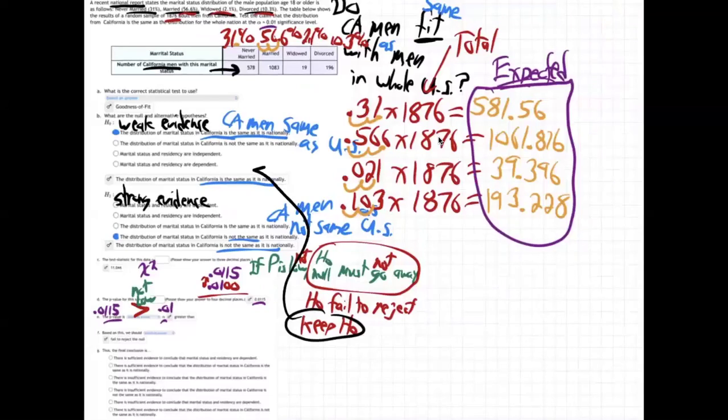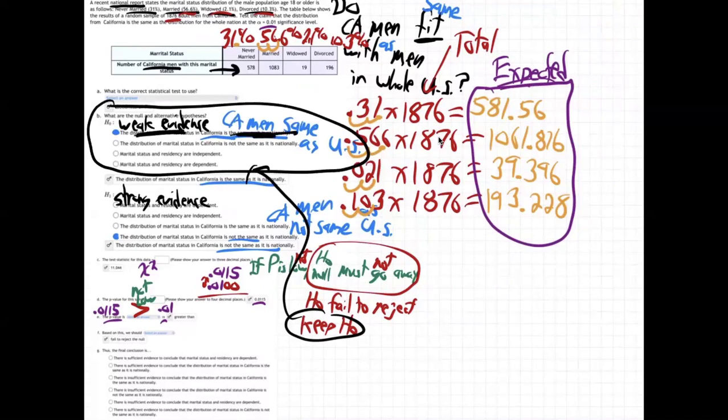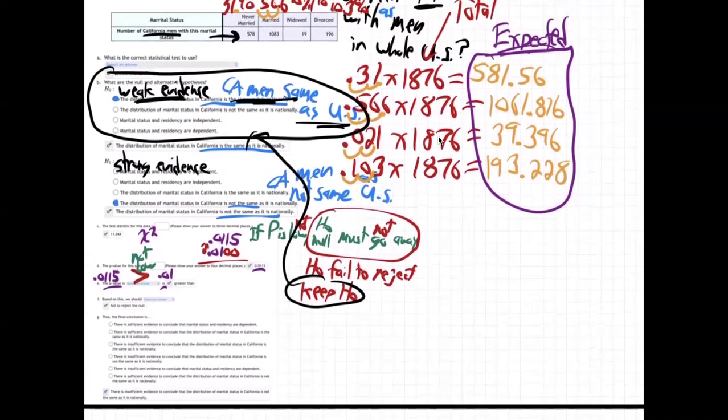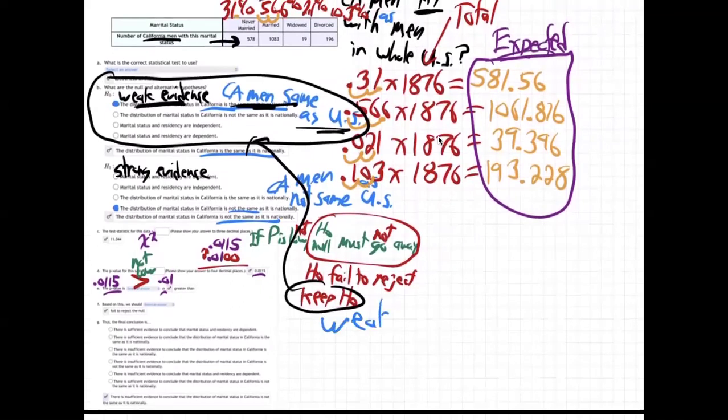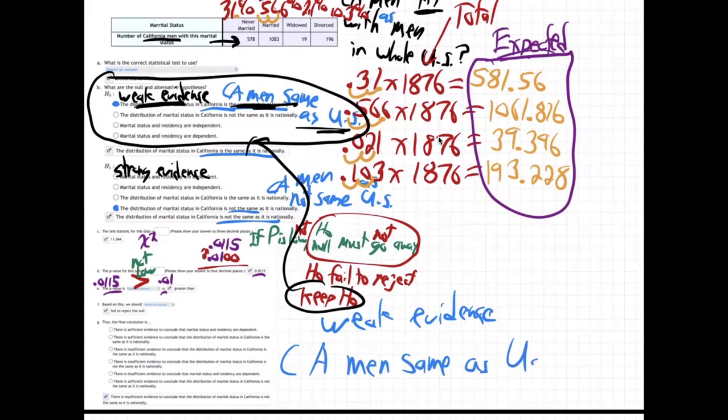So we are going to keep H0. You take exactly what H0 is saying, which is what? Weak evidence. California men are the same as US men.